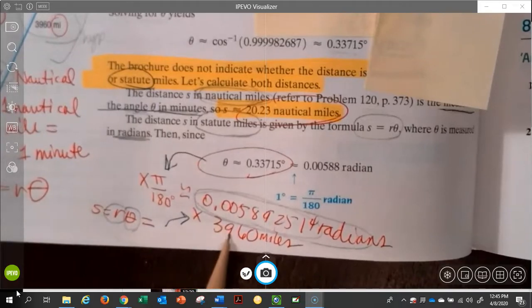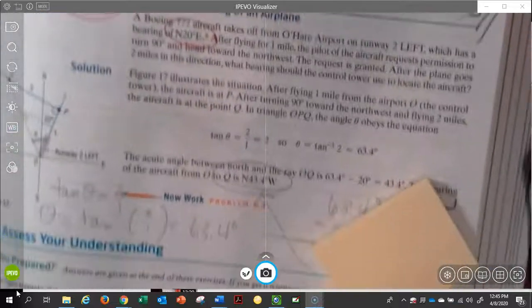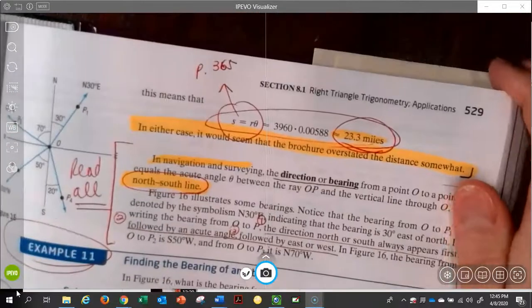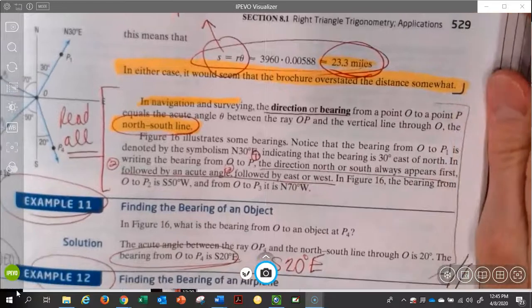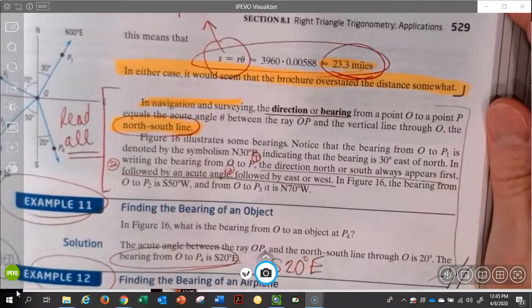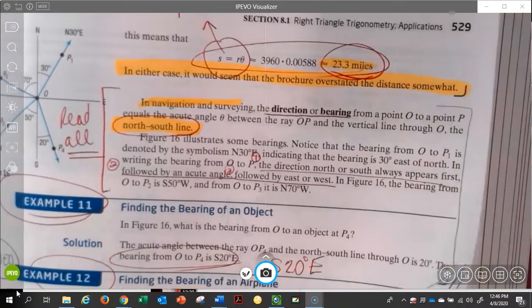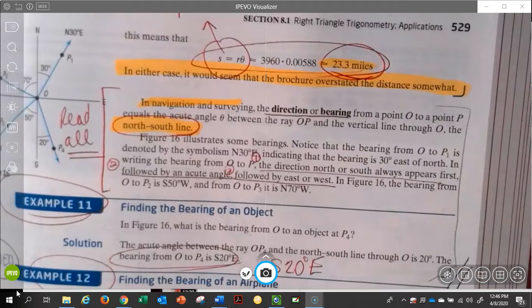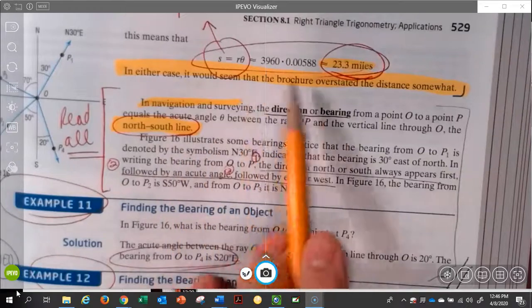And when I multiply these two together, go to the top of the next page with me. We're at the top of 529. And at the top of 529 is where it says, voila. We calculated nautical miles on the other page, and then we started and are calculating statute miles.